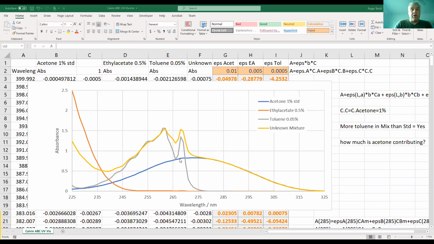So if I want to know, for example, the fraction of this 1.53 absorbance value that is due to toluene at 268 nanometers, that value is going to be right here, 1.53.